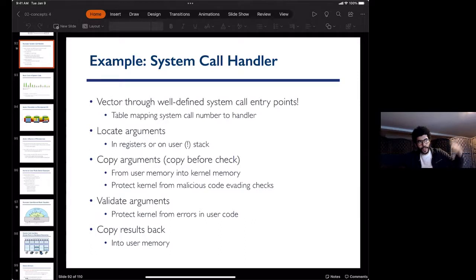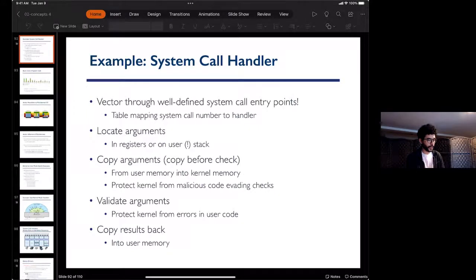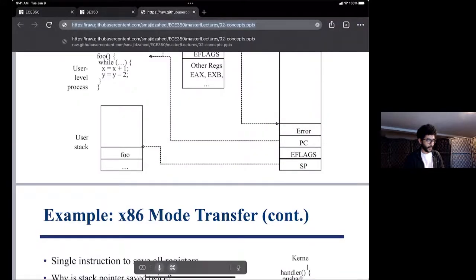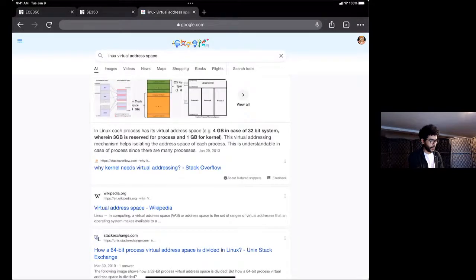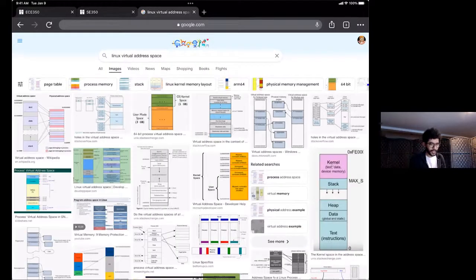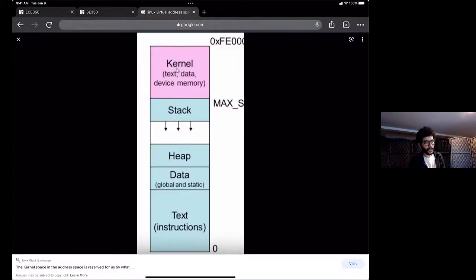If you look at the range of virtual addresses in the kernel, let me show you. If you search, for example, for a Linux virtual address space image, you can see that the top is designated for Linux. So Linux maps its own virtual addresses into every process's virtual address space. But the processes don't have access to this region.